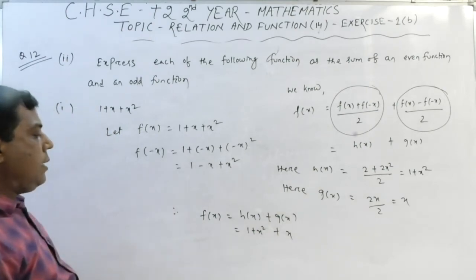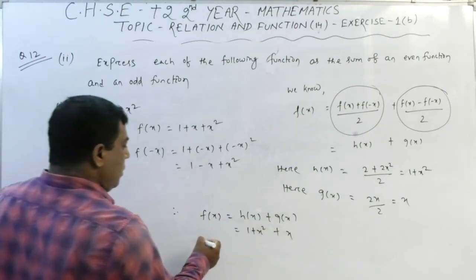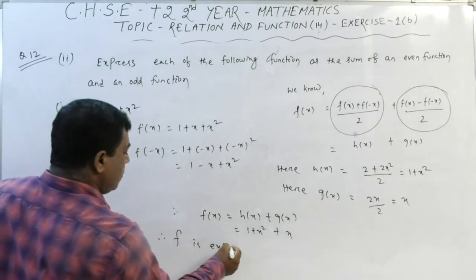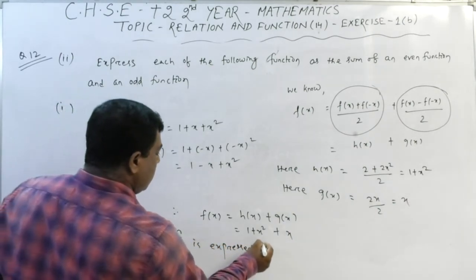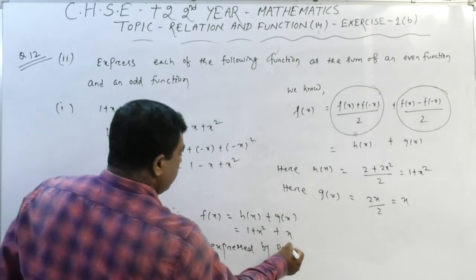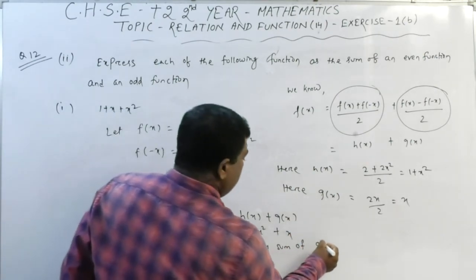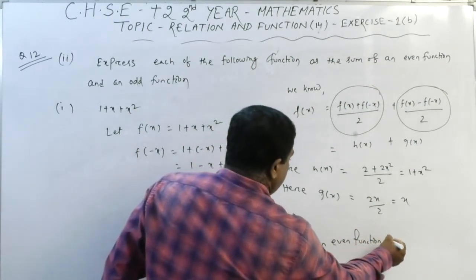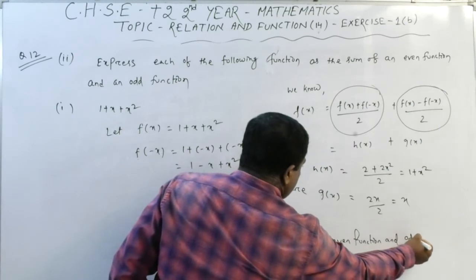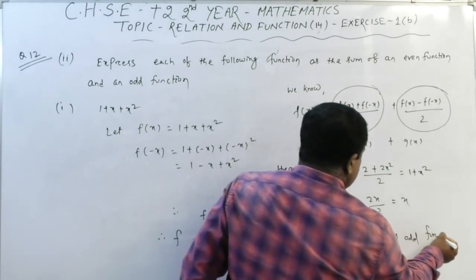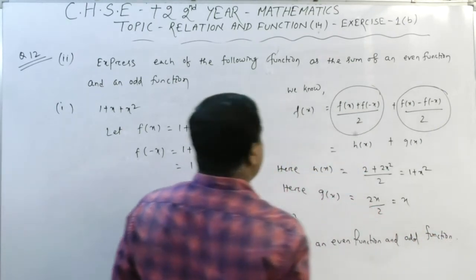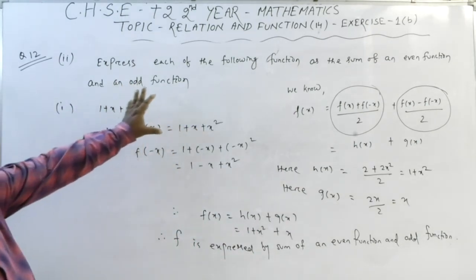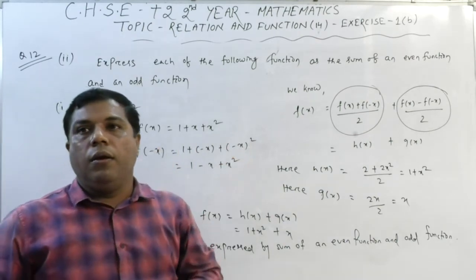So I can say, therefore, f is expressed by the sum of an even function and an odd function. Okay. So this is concerned with the sum of an even function and an odd function.